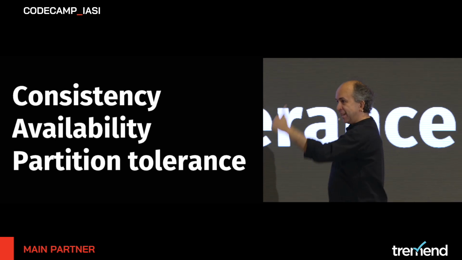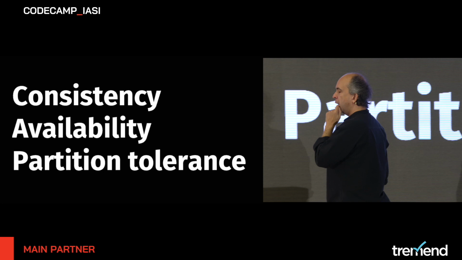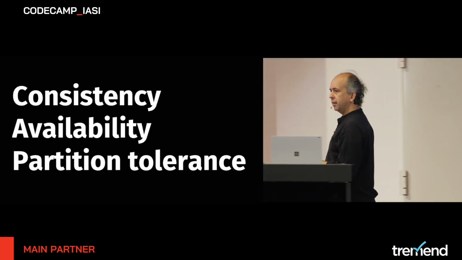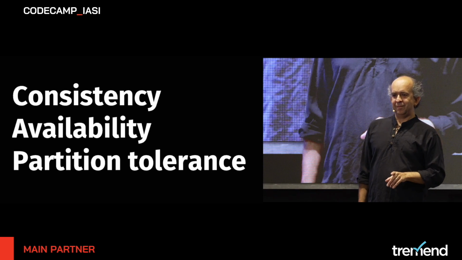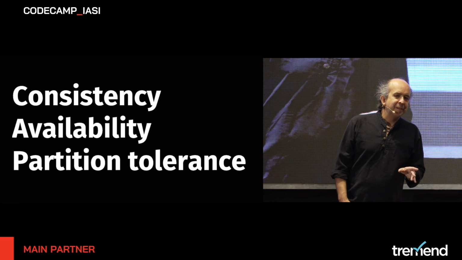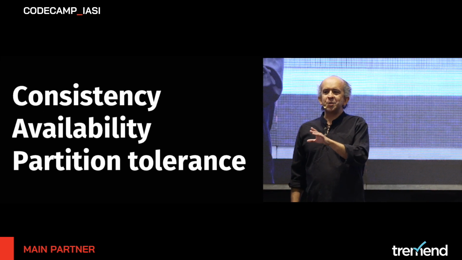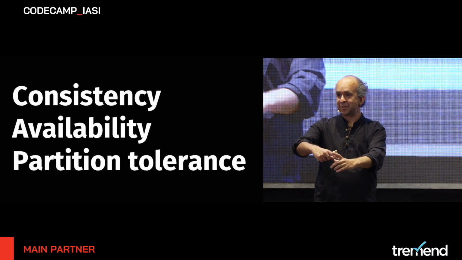You either get the latest or you do not get a value. I'm sorry, this is not available right now. Availability. What's that? You always get a value. But it might not be the latest. This is a cache coherence problem. A distributed system, you have one inside every computer.